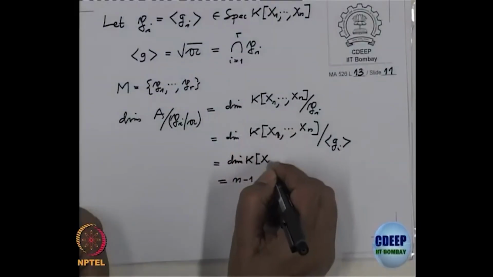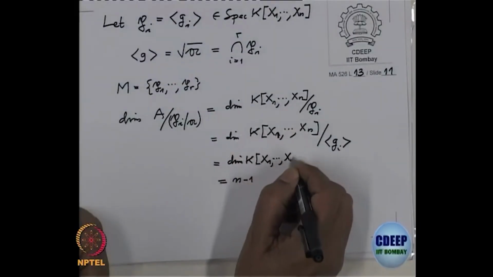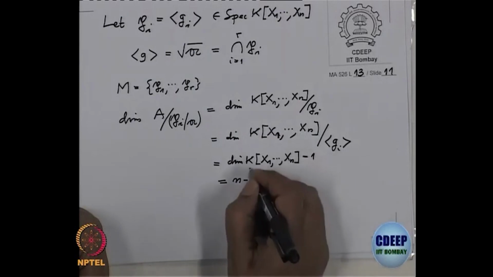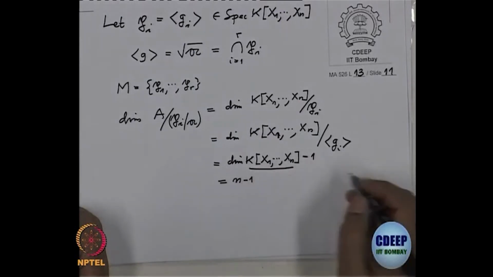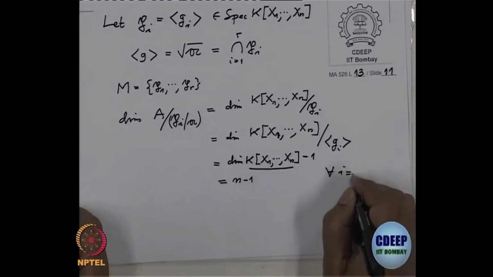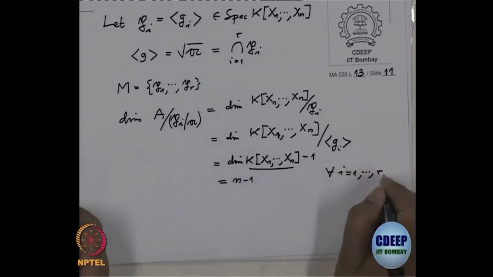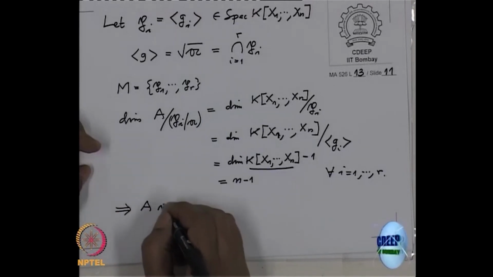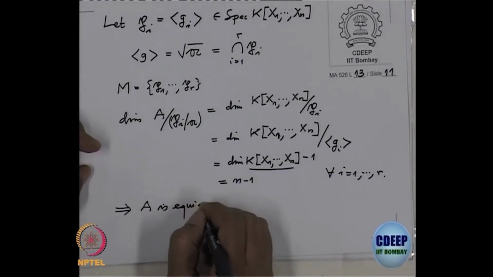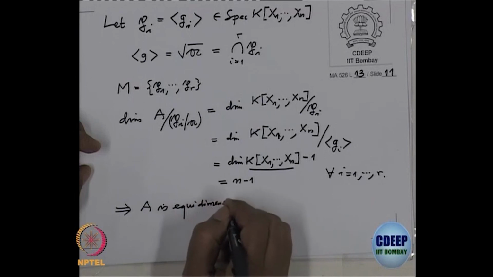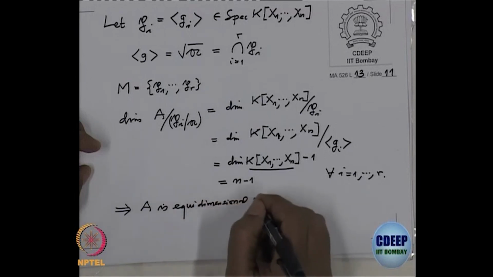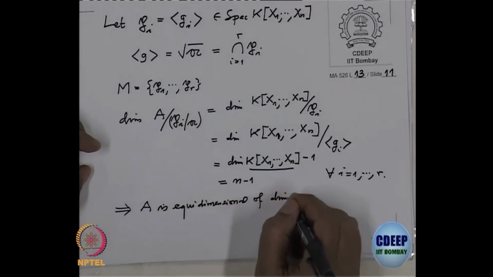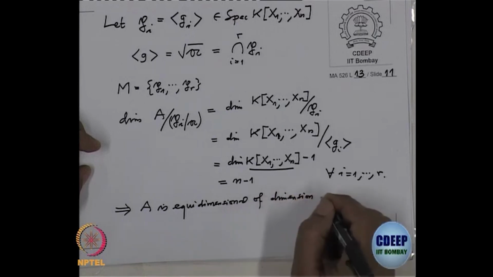So, this dimension is the dimension of k[x1, ..., xn] minus 1, and we know that dimension is n, so it is n minus 1. This is true for all i. So, therefore, A is equidimensional of dimension n minus 1.